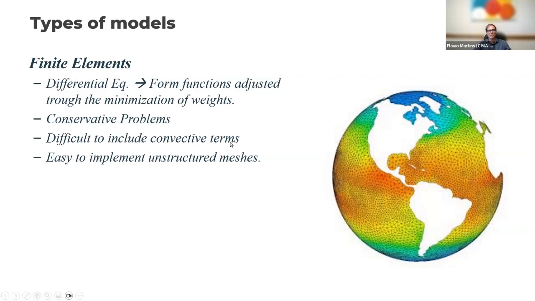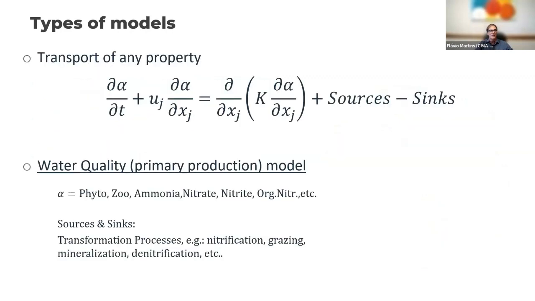It's difficult to include the advective terms, and the good thing is that they are easy to implement in unstructured grids like triangular grids. That's why they are still used, because they are good to implement in triangular grids. But even though I don't want to say they are not used, many models are based on finite elements, I would say the majority of the models nowadays use finite volumes. Okay.